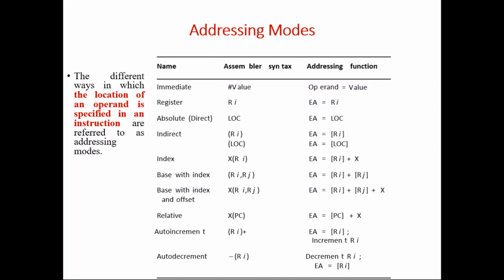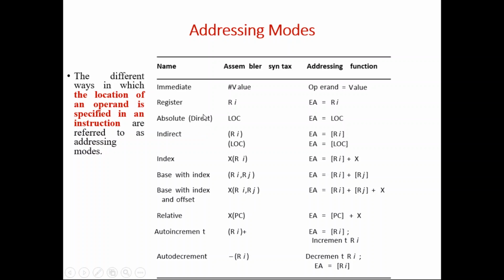So let us discuss the commonly used address modes in a typical processor. This table gives a brief overview of the commonly used address modes. These are the various commonly used address modes: immediate address mode, register address mode, absolute or direct address mode.